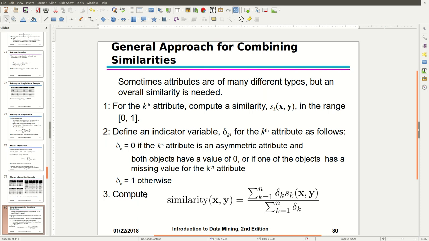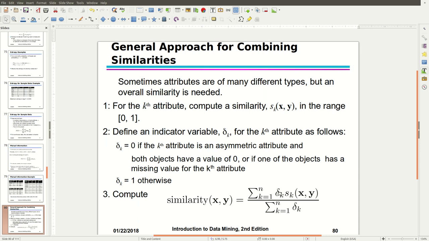So we end up summing all these different attributes. These are different attributes or different dimensions, if you will, and you add them up, and you divide by the number of related variables. It can be 1 or 0. If it is contributing, it will be 1.